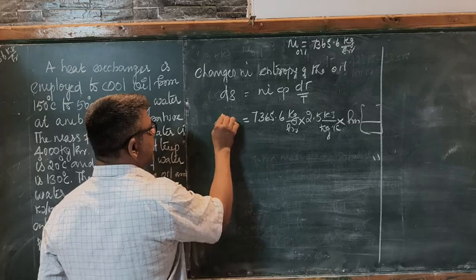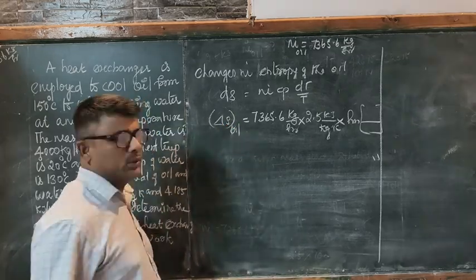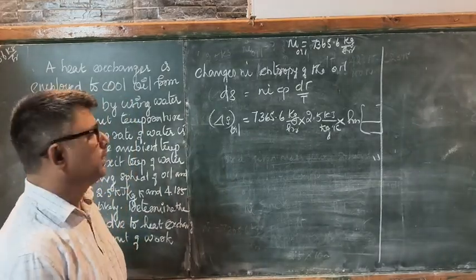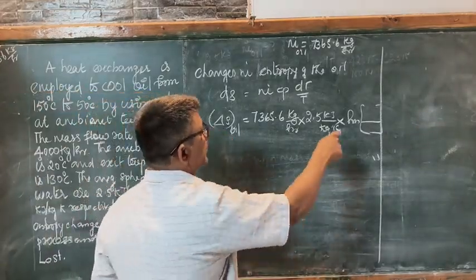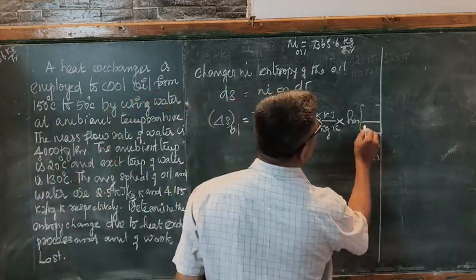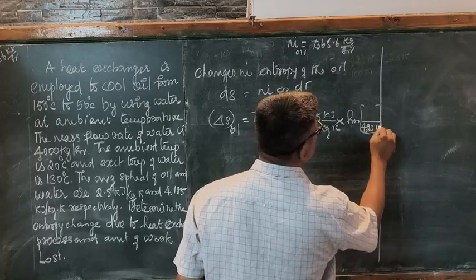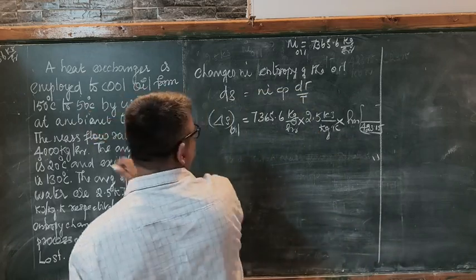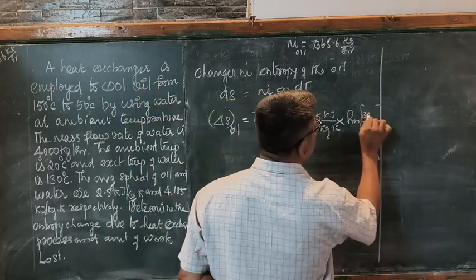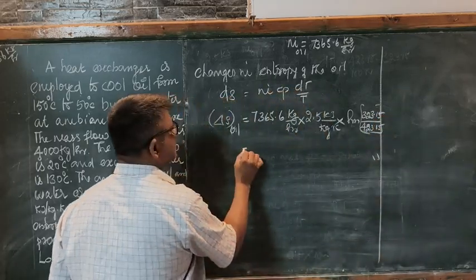Now I can write this as a finite change in entropy. Once you take the integral, it should be a finite difference. So what is the initial temperature? It will be 150, that means 423.15 degree Kelvin, and 50, that is 323.15 degree Kelvin. What is the answer?